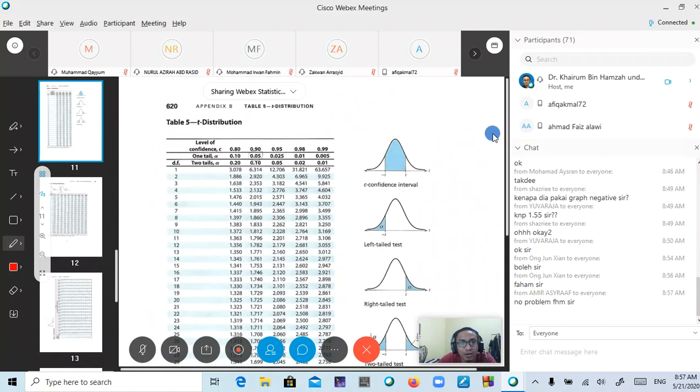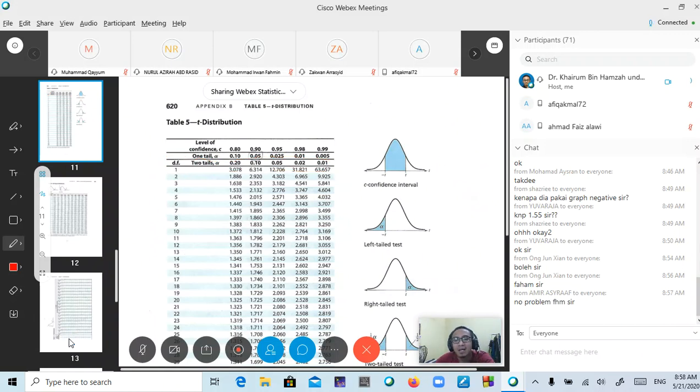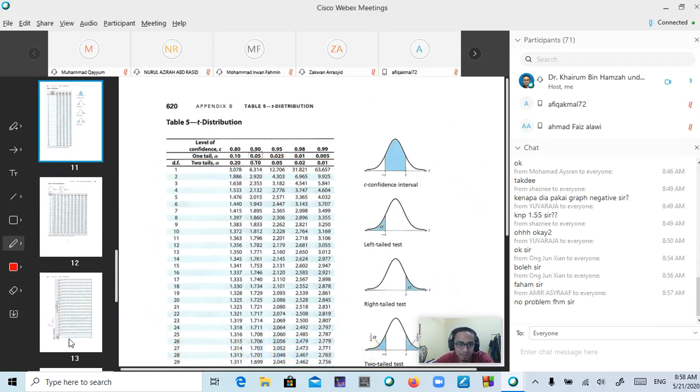In order to read table T, awak kena be careful, sebab you have degree of freedom. And then, if your alpha two tails, awak kena baca yang bawah ni. If your alpha one tail, awak kena baca yang tengah itu. So, please do not confuse when you read a table for T distribution.